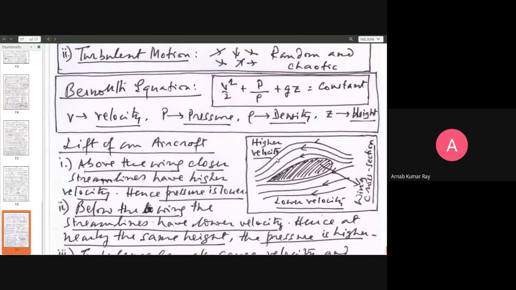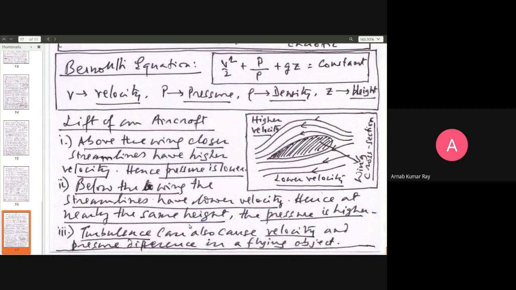So if v is higher here, p will be lower because the two of them added up is a constant quantity. And if v is lower here, then p will be higher here. So basically, the pressure below the wing will be higher compared to the pressure above the wing. As a result, there will be a net lift because of this. This is being governed by Bernoulli's equation.